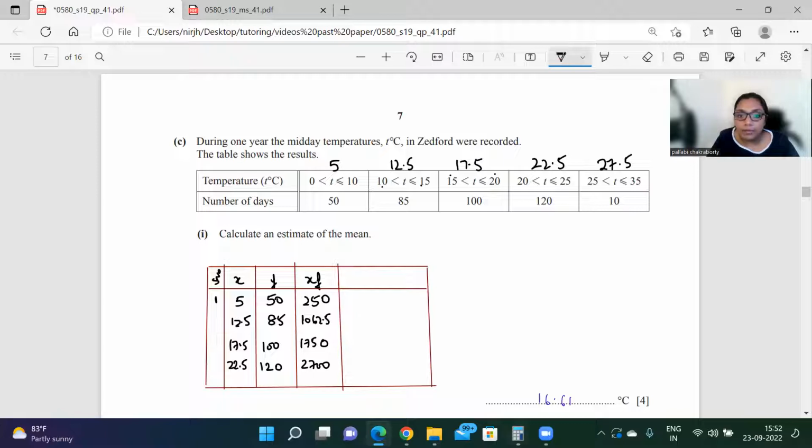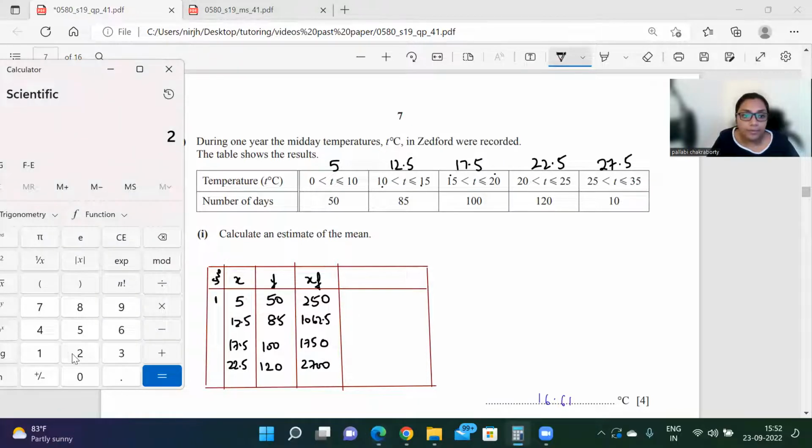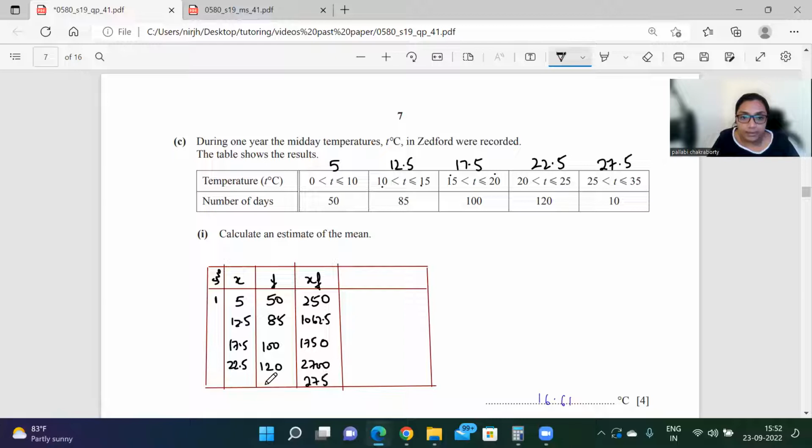And you have 27.5, which is multiplied by 10. This was simple, which will be 275. Serial numbers are, there are 5, right? 5 data given to us. Okay. XF done, F done, X done.